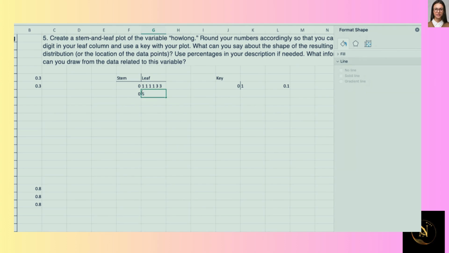There is 1, 2, 3, 4, 5, 6, 7, 8, 9, 10, 11, 12 fives. And then there is 3 8s. 1, 2, 3.